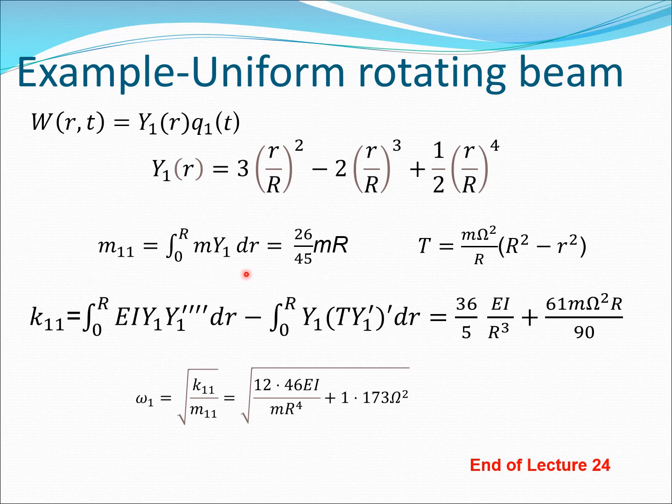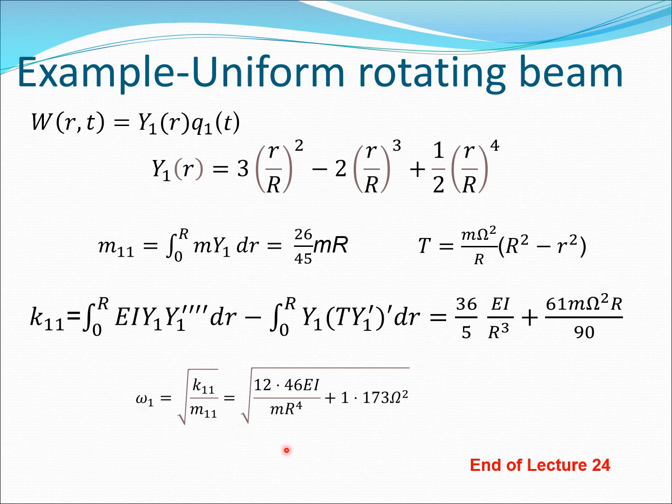Now once you have done that, you can obtain m11 as this integral, which comes to the value 26 by 45 mR, and you can calculate k11 using this integral here, and you get a value for this. You can divide these two to get the first natural frequency prediction, and that comes to this value here.